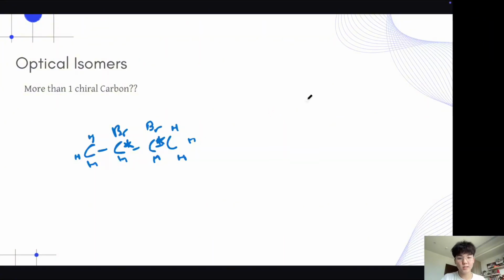So we can write it as 2 to the power of n, where n is the number of chiral carbons. Because remember, if we have only one chiral carbon, then it's just 2. In this case, that means we have 2 to the power of 2. That means we have 4 possible enantiomers that we can create.